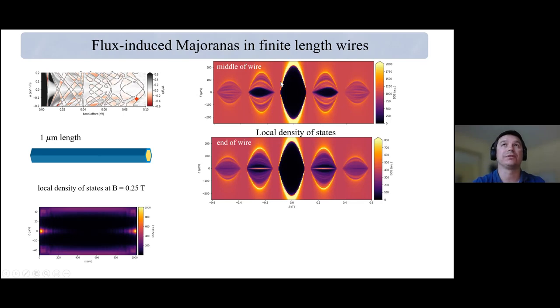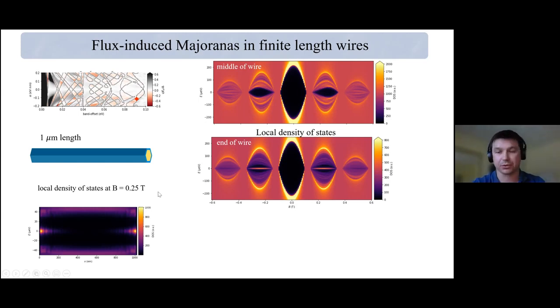So this is the middle of the wire. Clearly it's a gap phase, and this is the local density of states. At the end of the wire, you see a zero energy state, and you see some other trivial states that appear at the ends, but also the induced gap.